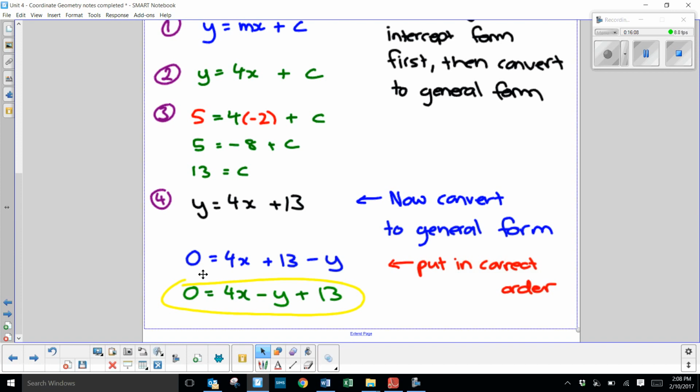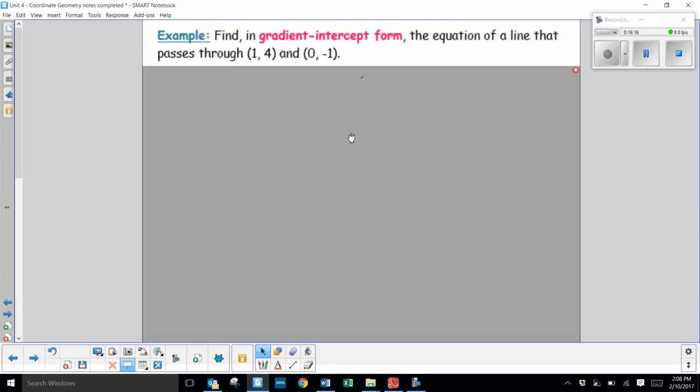Next example. Find in gradient intercept form the equation of a line that passes through two coordinates. So remember gradient intercept form, you're not given the gradient this time, but you've got to calculate it yourself using the gradient formula.